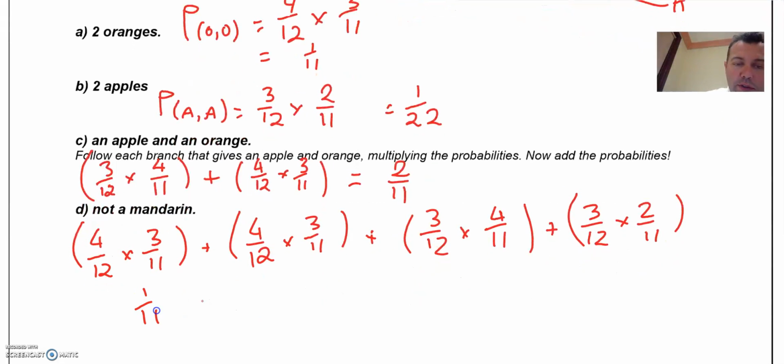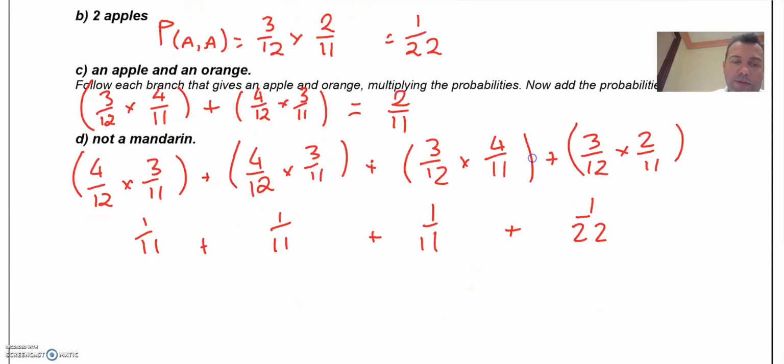This is 1 over 11. And here I have 1 over 11. And here I have 1 over 11. And here I think I get 1 over 22. Is that right? Yeah. So this would be 2 over 22. Another 2. 2, 4, 6, 7 over 22, I reckon.